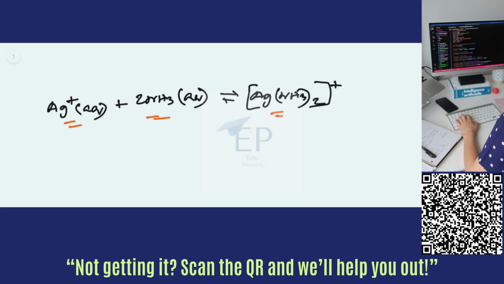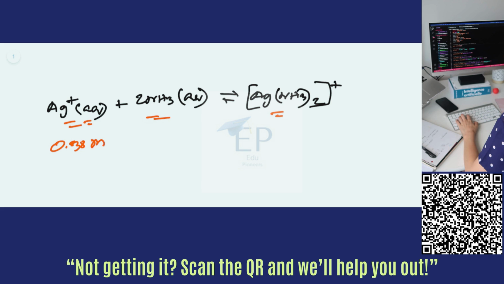So to calculate the equilibrium concentration of these species, first we have to form our ICE table, and before forming our ICE table we need to know all of the species' initial concentrations. So for the silver ion, we are given that it's a 0.38 molar solution.